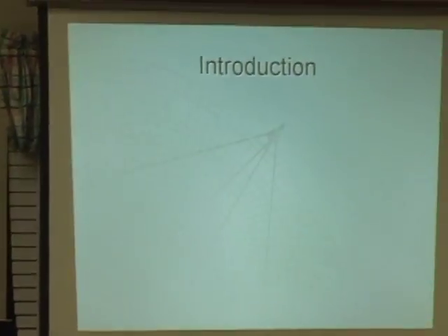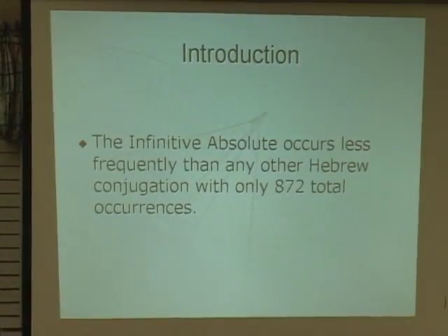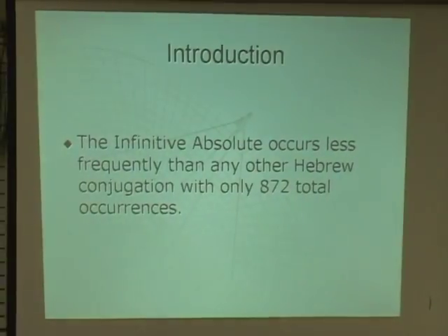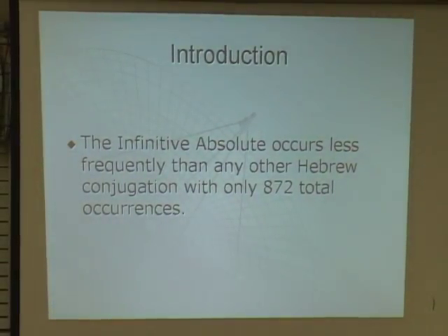Welcome to chapter 21. We'll be studying today Kal infinitive absolutes. This is another variation of infinitives. The infinitive absolute occurs less frequently than any other Hebrew conjugation, with only 872 total occurrences in the Bible.